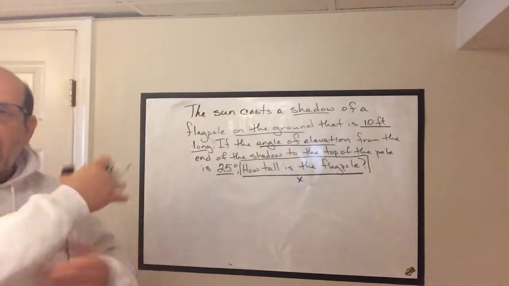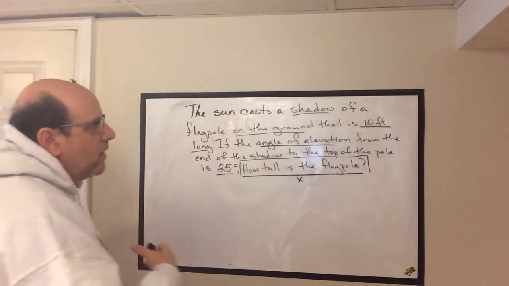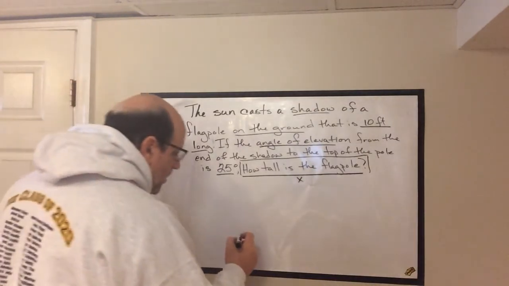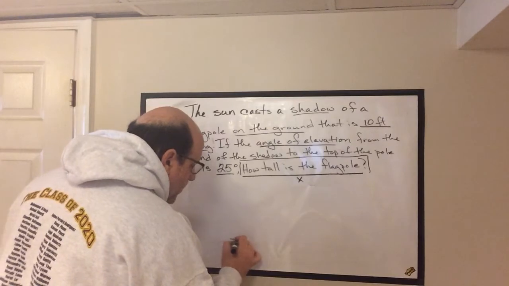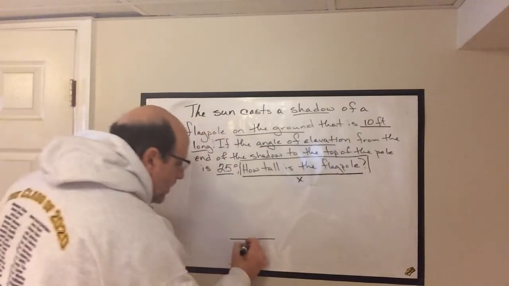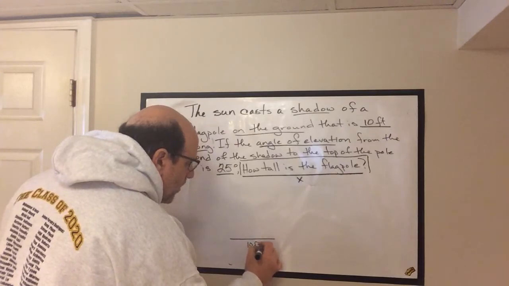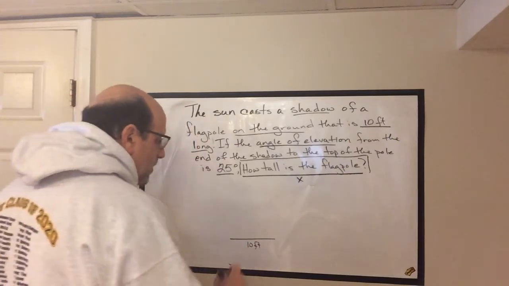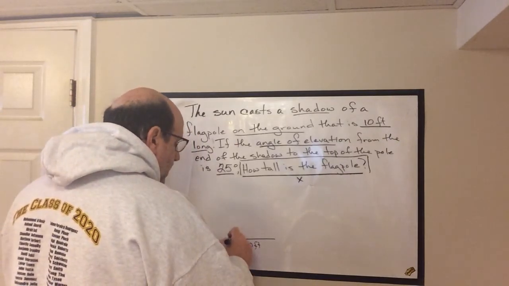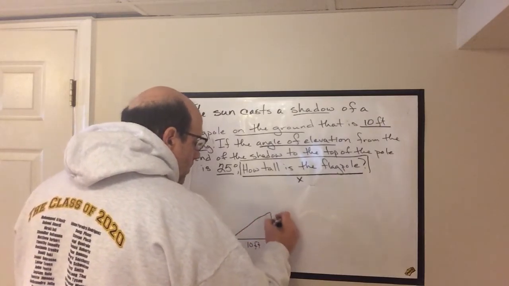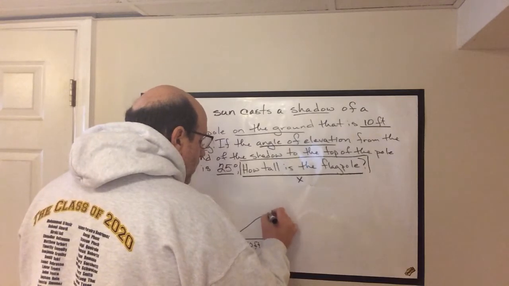And that's exactly what you're going to do. You're going to create a right triangle, and you're going to say, okay, there's a 10-foot shadow. There's a 25-degree angle from a flagpole, and we don't know how tall it is.